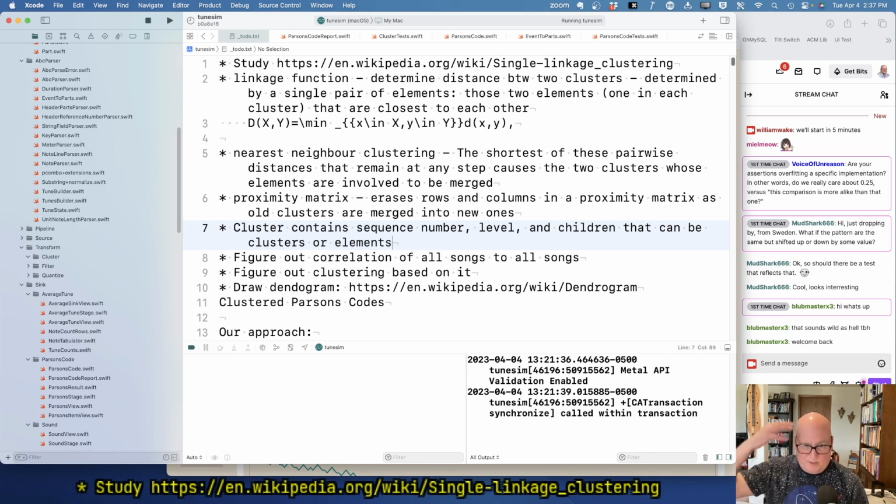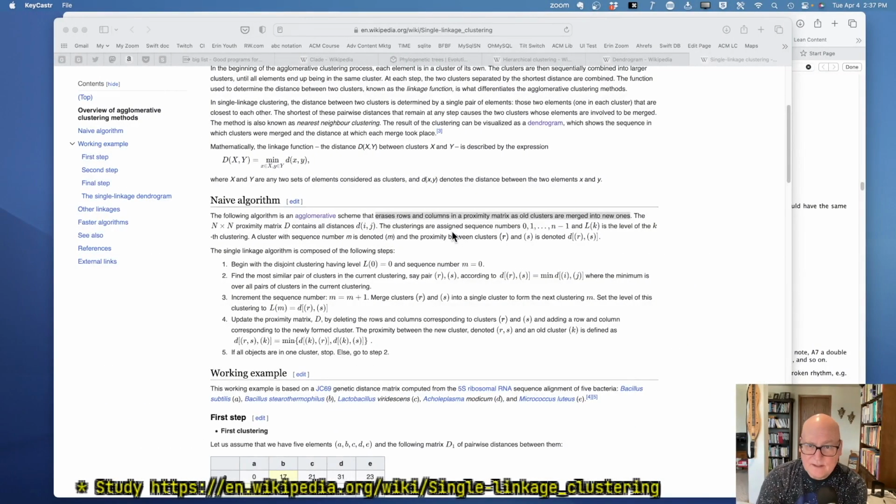Okay, so I'm hearing composite pattern right there. You know, it's recursive. And we have a leaf, which is a single element. Okay. Proximity matrix contains all distances. Okay. Begin with a disjoint clustering L0 equals 0 and sequence number M equals 0.